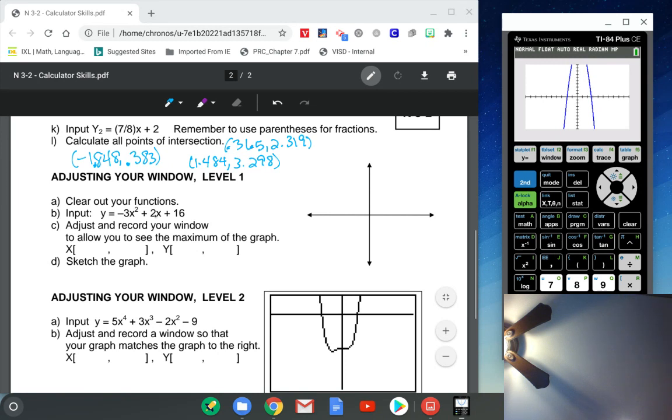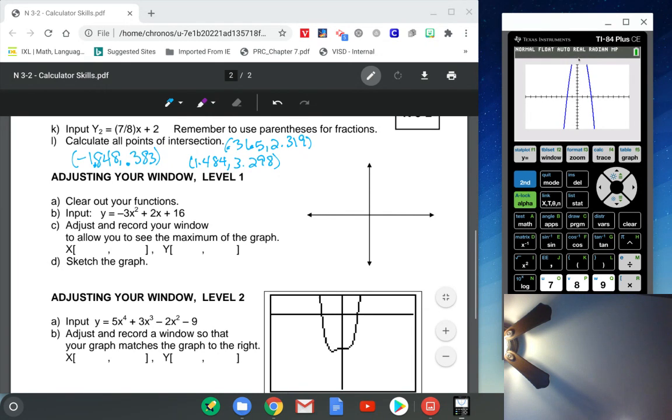Now we should know that this is the graph of a parabola, so we're not looking for this graph to go back up or down anywhere, but we don't really have a good picture of this graph. So what they want us to do is adjust the window so that we can see the parabola a little bit better. So I know that I need to see the top of this parabola. We can tell that it goes up higher than what we've got here.